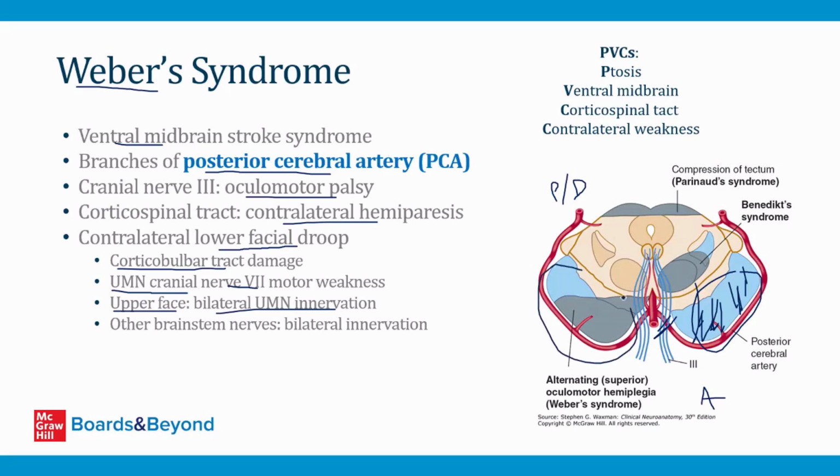So the corticobulbar tracts on this side are going to be healthy, even though the ones over here are damaged. And these corticobulbar tract fibers are going to continue to supply innervation to the forehead. So you won't see droop of the forehead, only lower facial droop. You also won't see upper motor neuron lesions of other cranial nerves besides cranial nerve 7. That's because most of the other cranial nerves have bilateral innervation. So losing the corticobulbar tract on one side does not affect them.